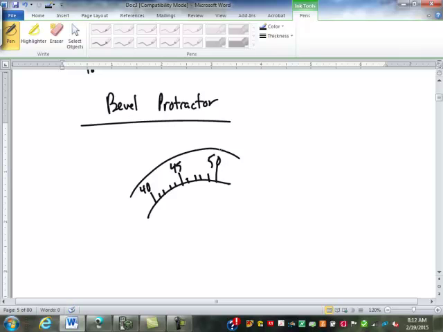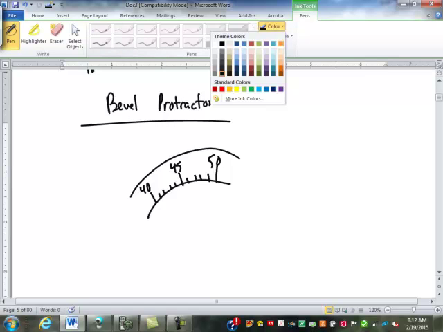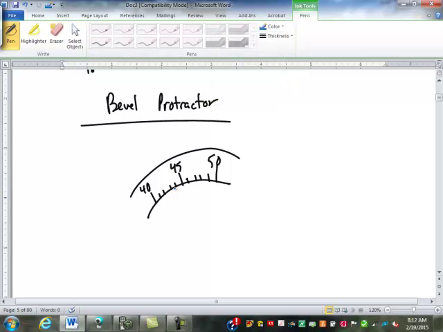So anyway, that's your main scale. Those are the degrees. And then generally what happens is there's a vernier scale. Let's say we have 0 here. And that vernier scale goes in both directions, like this.